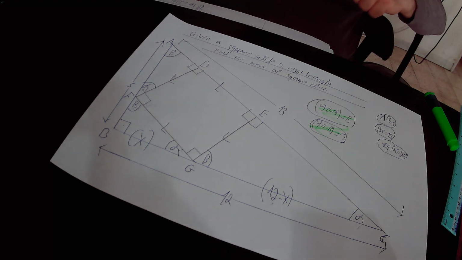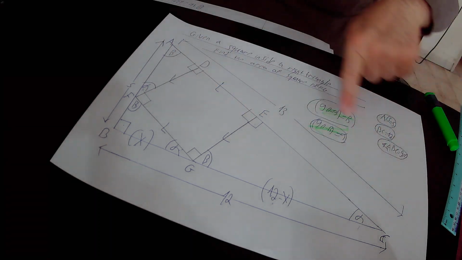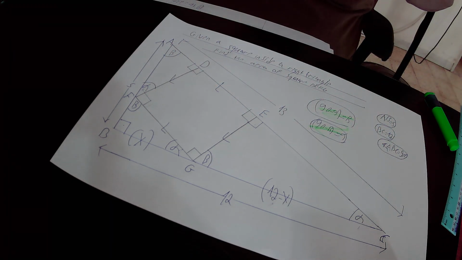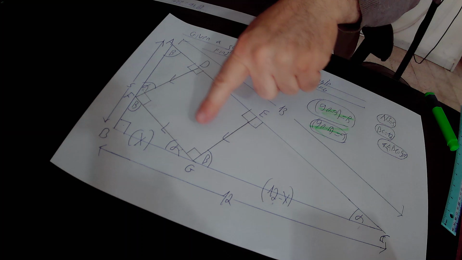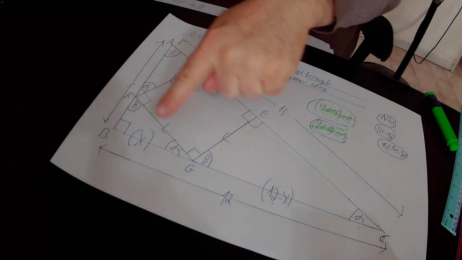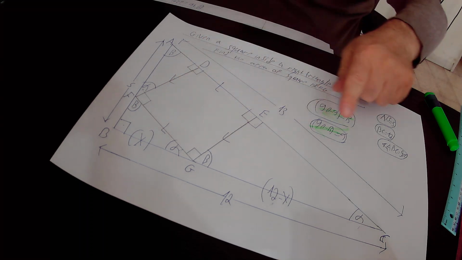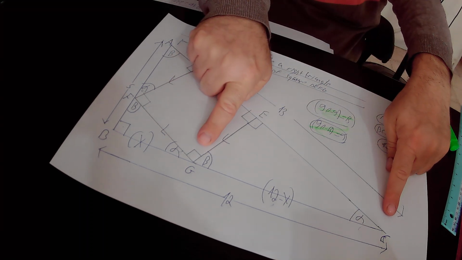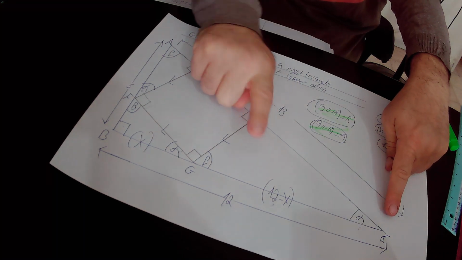So first of all, we know that the big right triangle ABC is similar to the small right triangle FBG. We defined side BG as x, therefore side GC equals BC minus BG. BC is 12, BG is x, therefore GC equals 12 minus x.